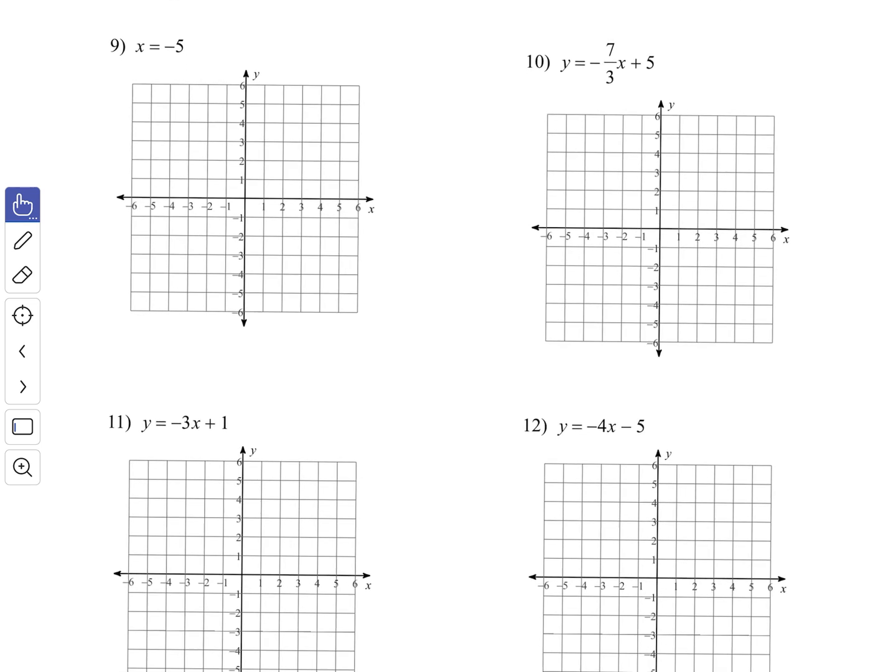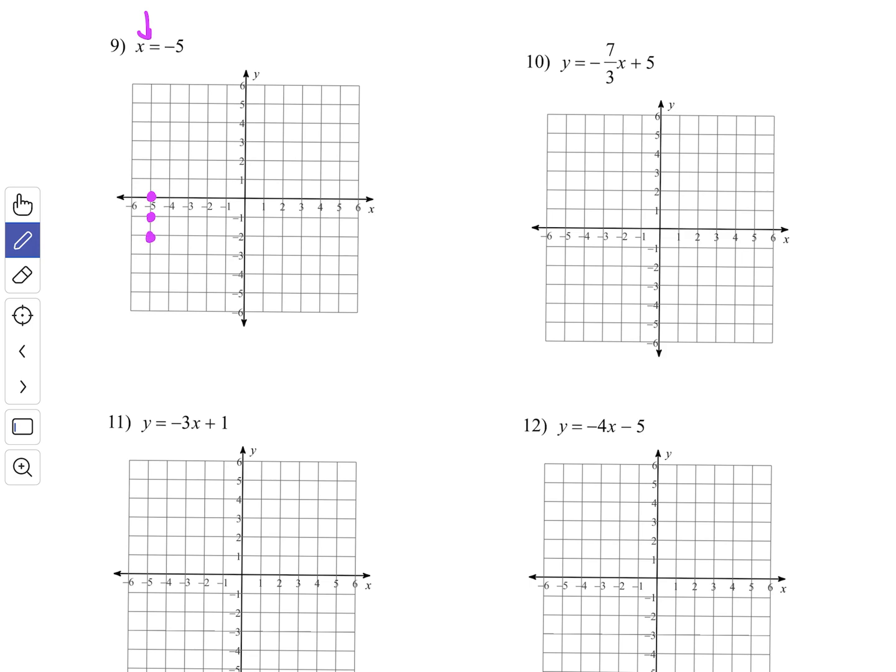Okay. Now, number 9, this one's an interesting situation. Notice we have no y value. We just have an x value. So if I just go with my x value at negative 5 on the x-axis, I would draw just a dot right there. However, if my y value were negative 1, my x value would still be negative 5.